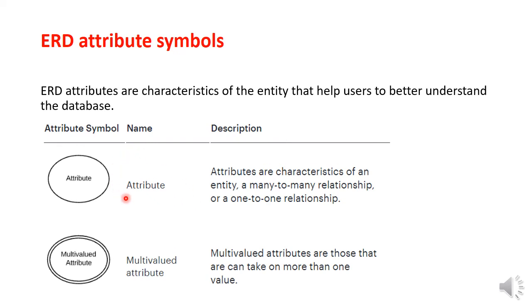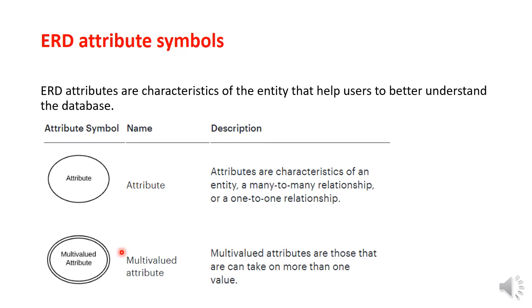And we have also many types of attributes. For example, we have an attribute which can be assigned many values, because during the study of a database, a property must have a specific value.